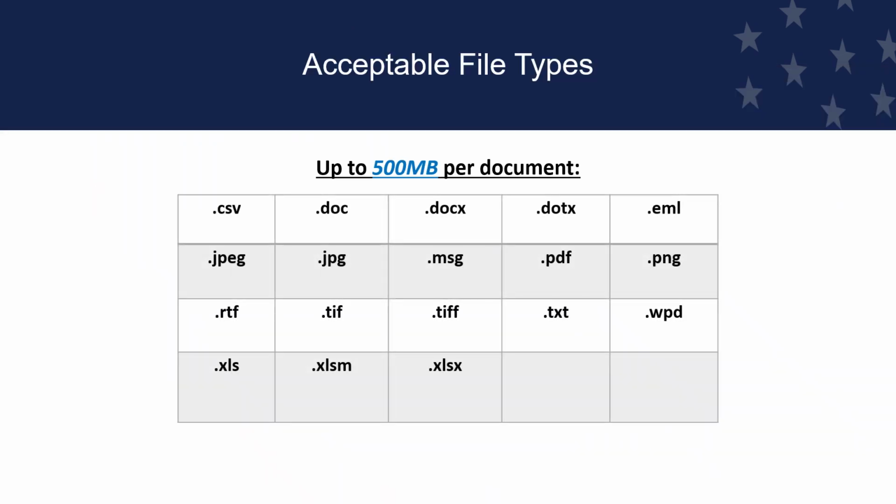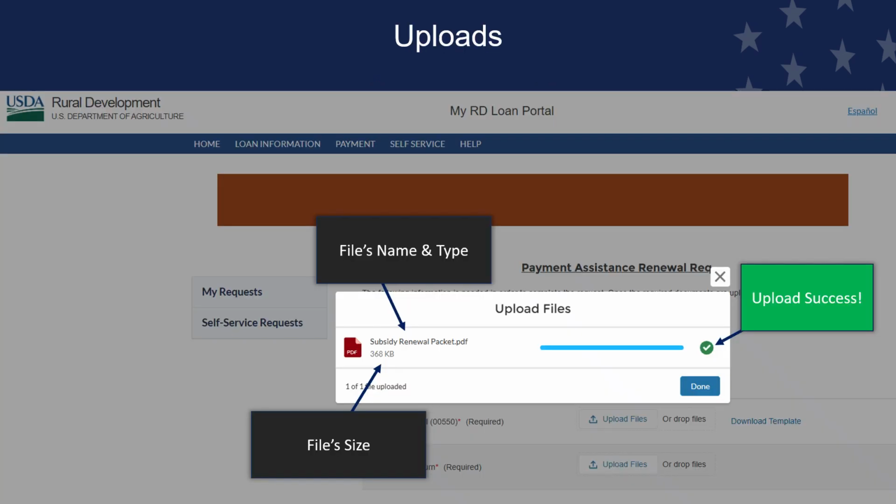Here is a list of acceptable file types. When uploading files to MyRD Loan Portal, keep in mind that it can accept files up to 500 megabytes per document. After uploading the file, a pop-up box will appear that displays the file's name, the type, and size. This pop-up also confirms that your file uploaded successfully.